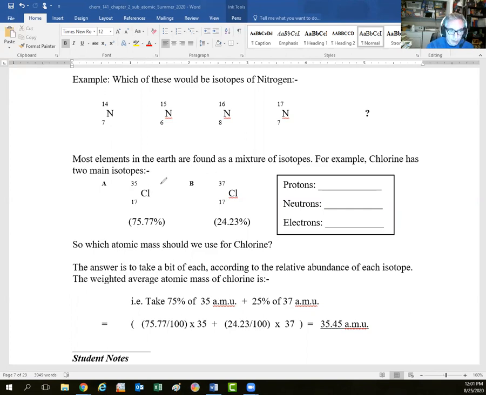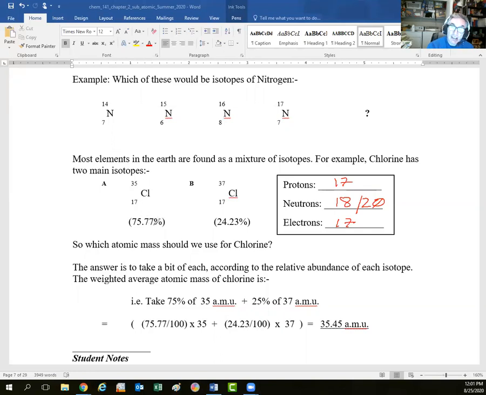So for example, to be chlorine, it has to be 17 protons. But some of these atoms of chlorine have 18 neutrons, and some of them have 20 neutrons. So we work out an average, and of course being neutral, that'd be 17 electrons. So we work out an average based on the relative abundance.